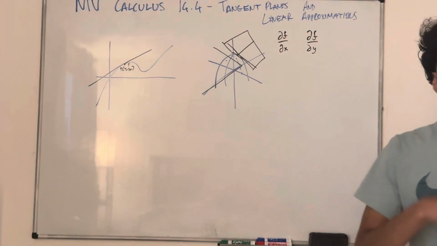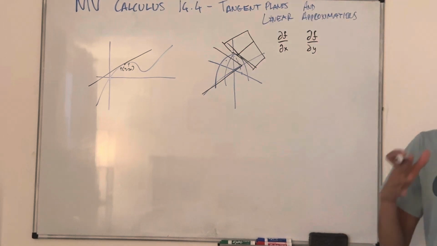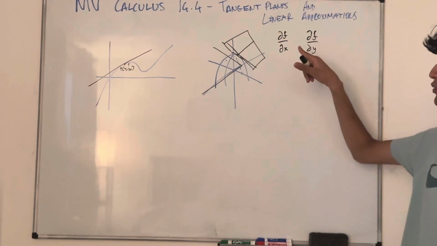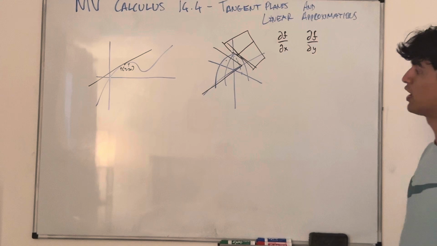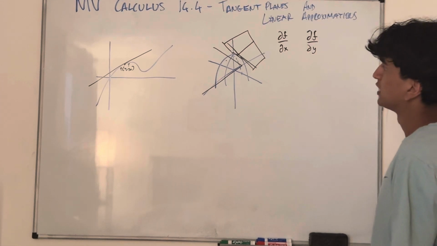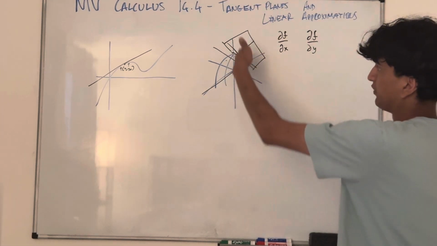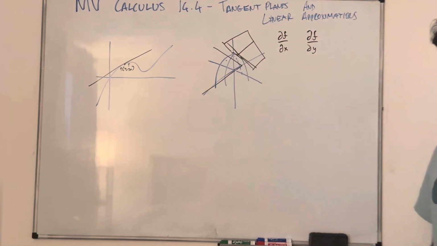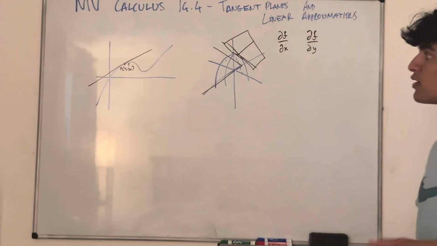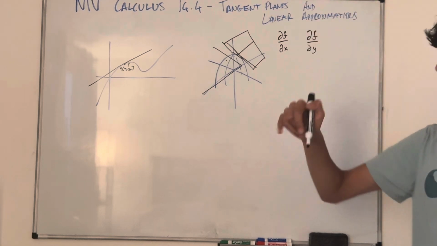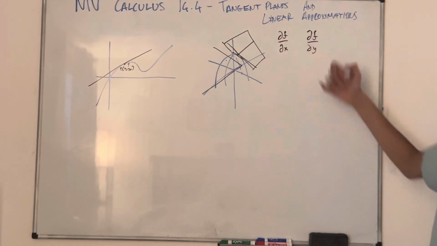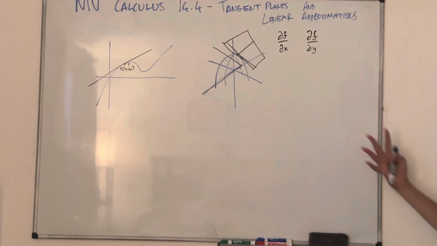These derivatives tell us the slope of a line if you were to put a cross section through. For example, in the x direction, if you put a cross section with a plane y equals a constant, the cross section would be some sort of curve, and at a certain point the tangent line to that curve would have the slope partial f, partial x. Same thing for partial f, partial y.